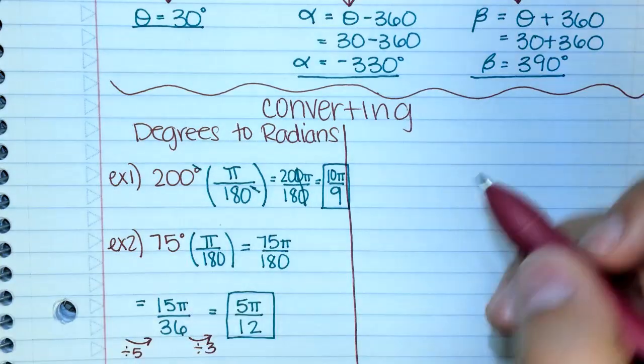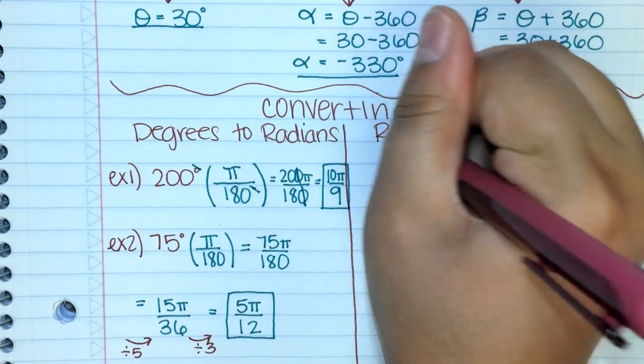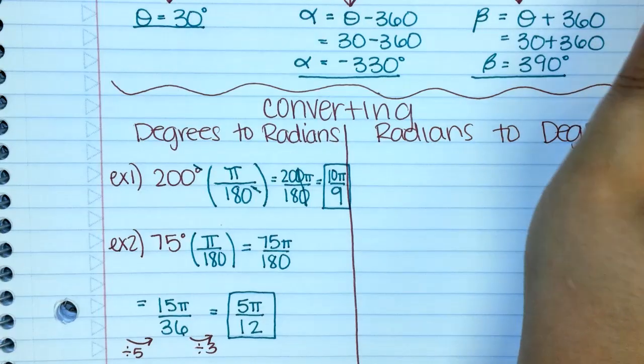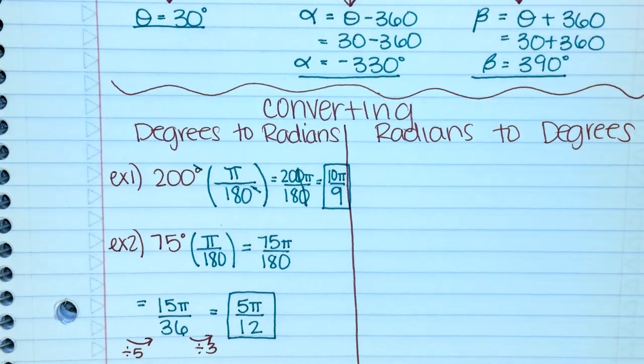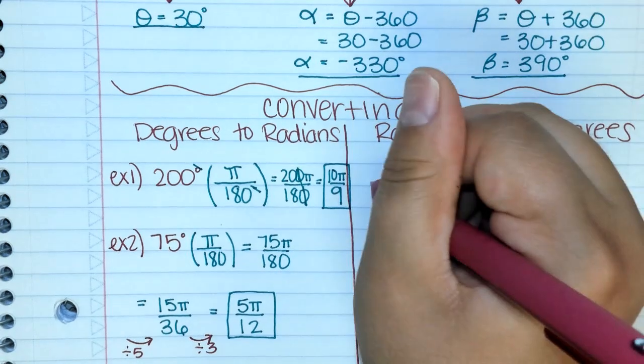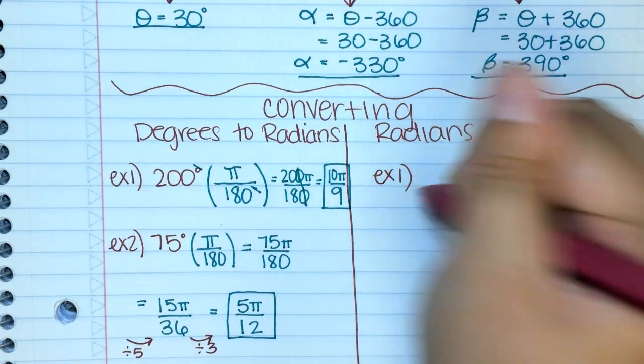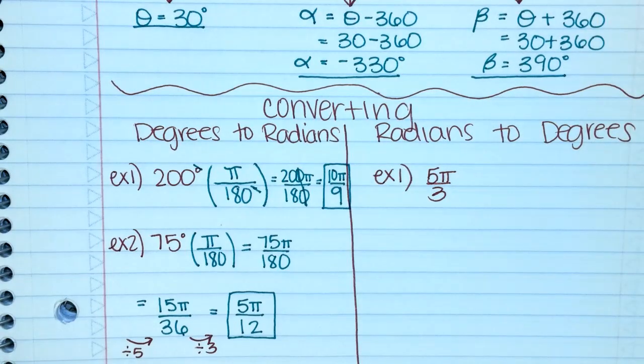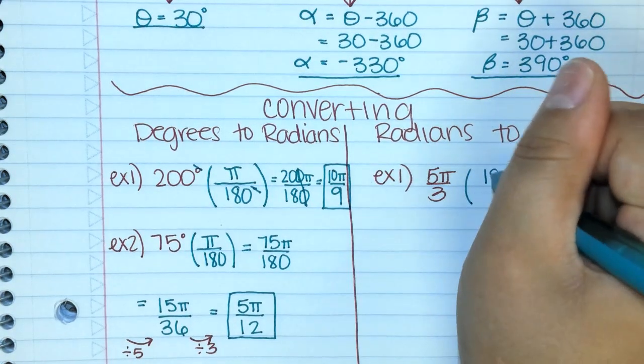Let's go the other way. What if I want to convert radians to degrees? We get out of here at 37. Okay. Radians to degrees. What do you think I'm going to do here? 180 over pi.